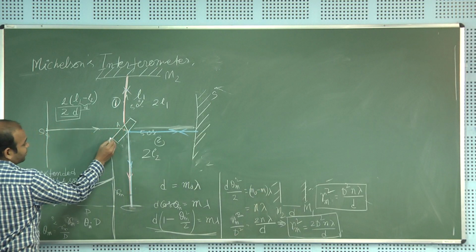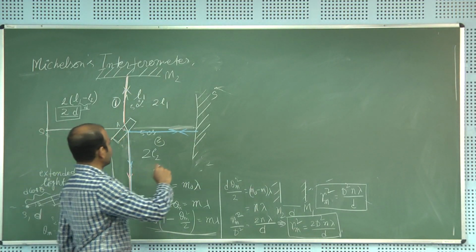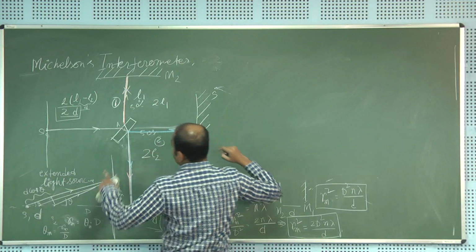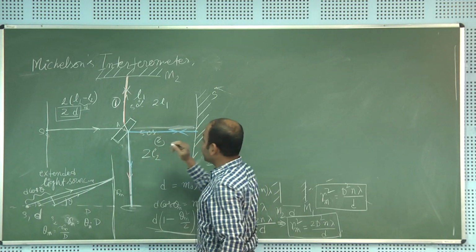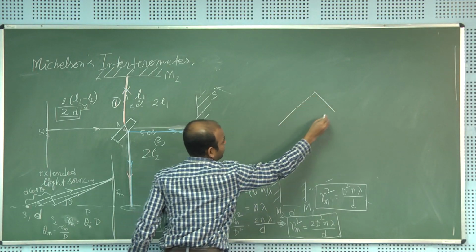So, a few points. If we use this kind of beam splitter, then what happens is, if you see this picture, maybe if it is not visible, maybe I can draw it here in more clarity, a little bit bigger.